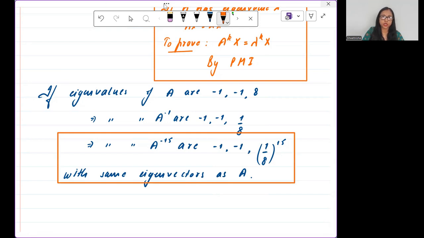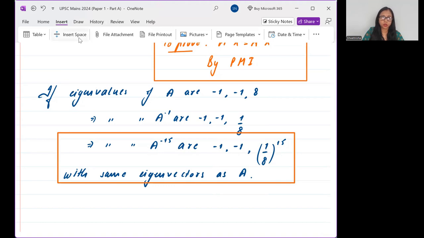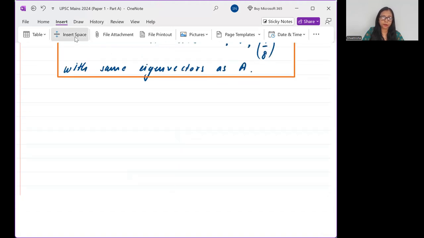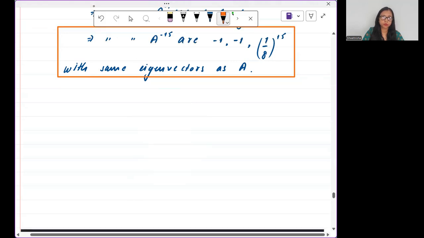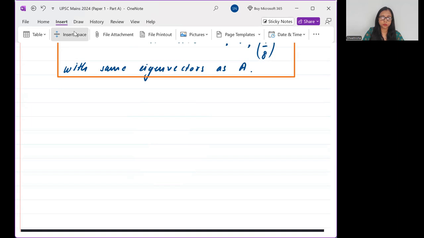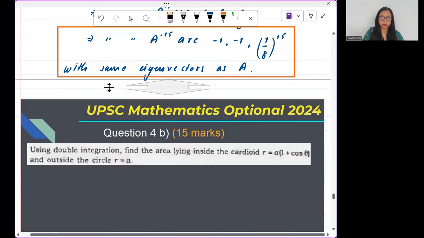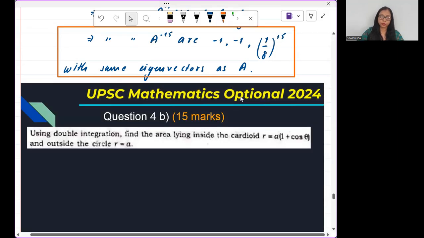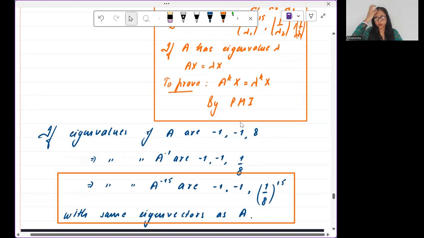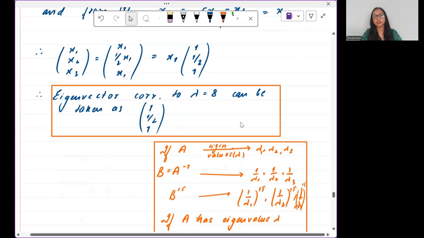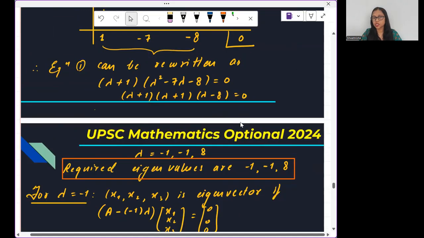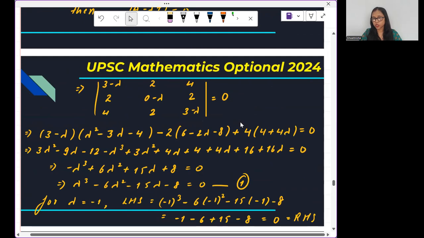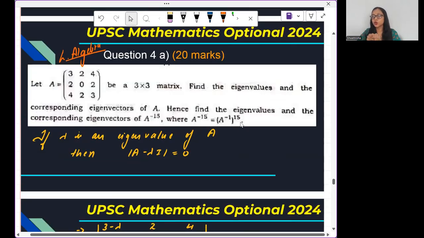Which brings me to the next part here. Fourth B part. Now, one more thing about this 4A question. As you can see, it can take so much space, and you will not have that much space in your answer sheet. Although it's a 20 marks question, you'll have enough space.